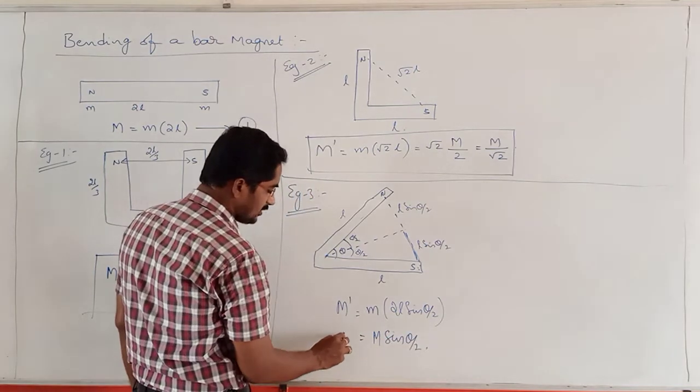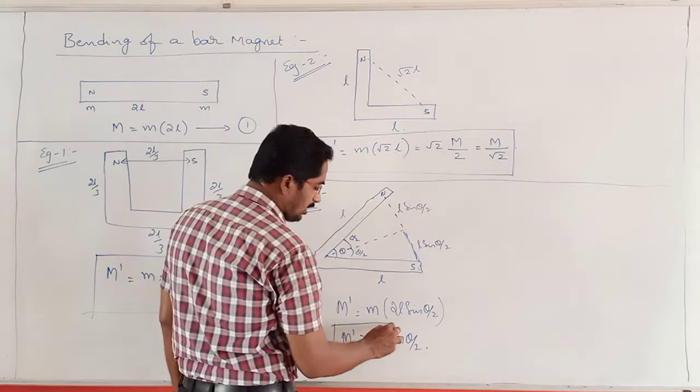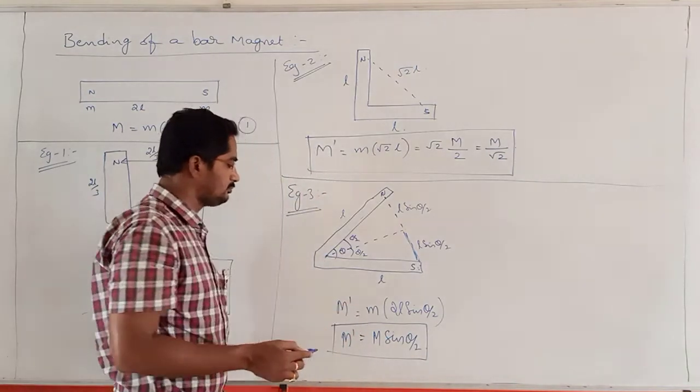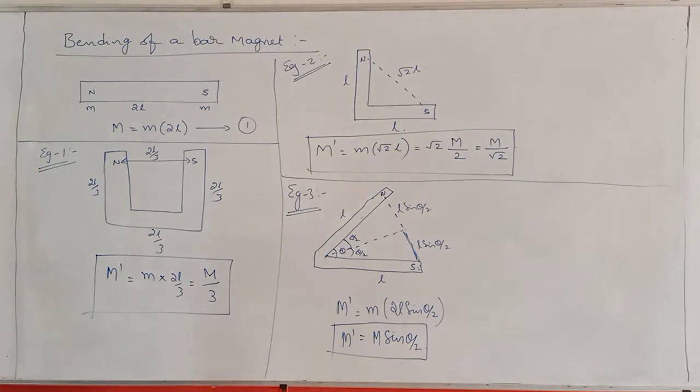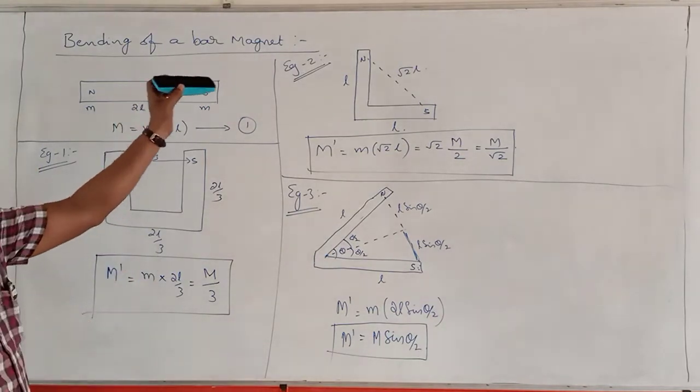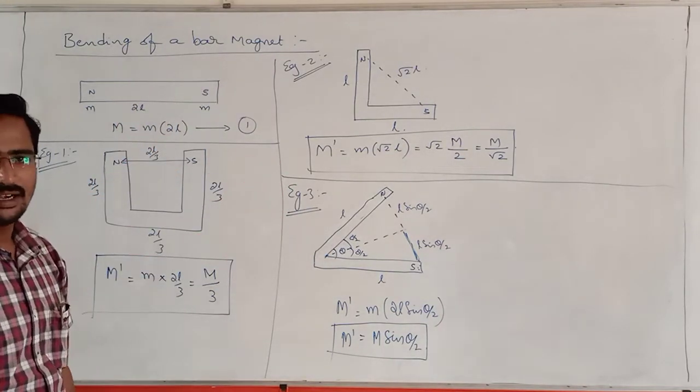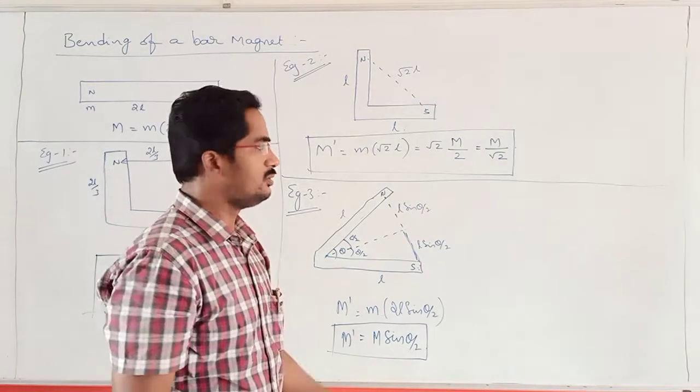This is the new moment formula for that case. Like that, we can write down the magnetic moment after bending into different states.